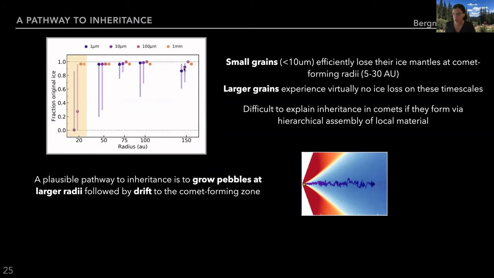Even the small particles in the outer disk are losing only about 10 or 20% of their original ice mantle. So if you start with these small particles, grow them to larger sizes, they will have most of their ice mantle still preserved, and then you can drift this material inwards, feeding it onto forming planetesimals.